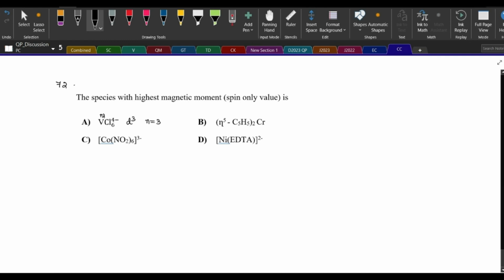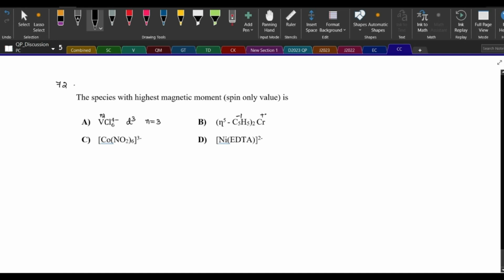Okay. Now this is eta 5 C5H5 2. This is eta 5, this is Cp, cyclopentadienyl, and it is with chromium. So its oxidation state is -1. Cp has a uni-negative formal charge.